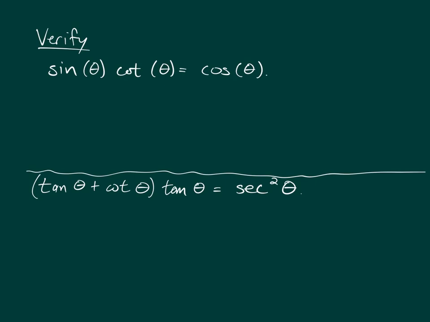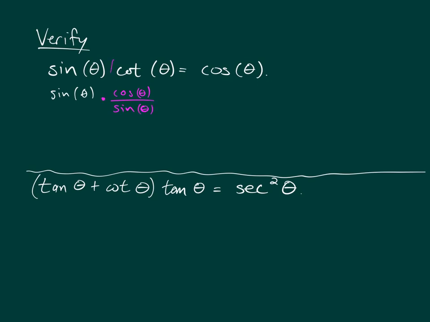Let's see, what else could I do here? Changing sine using a reciprocal identity to cosecant, that's not going to help, or changing this to tangent, that's not going to help. I think the only thing we can do here is use the tangent ratio to rewrite this as sine of theta times cosine theta over sine theta.